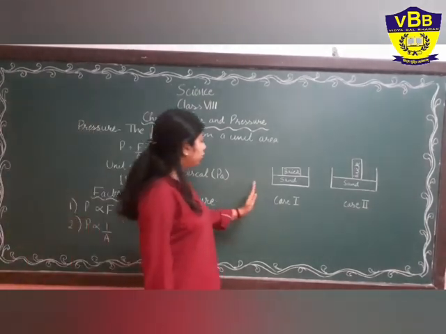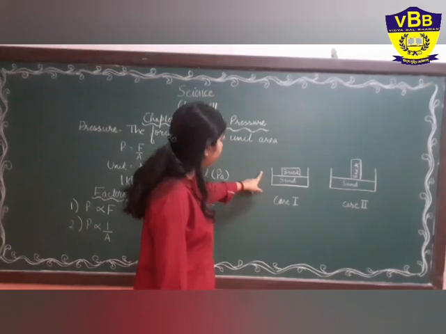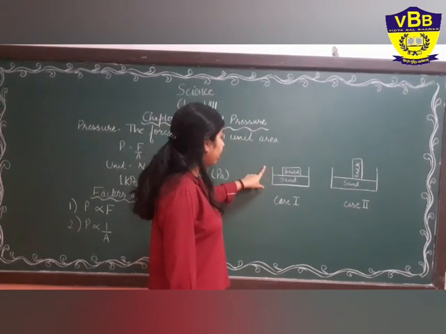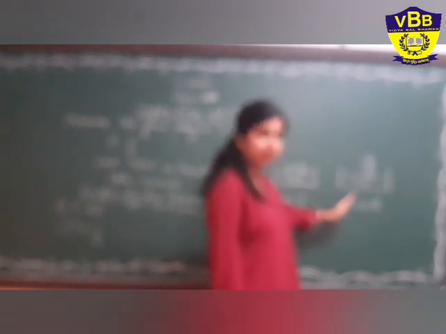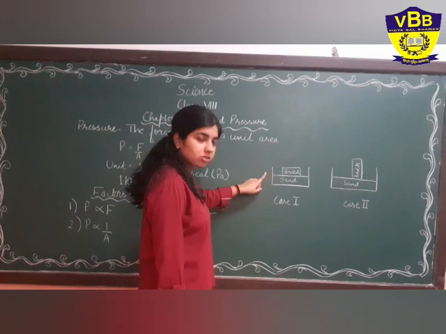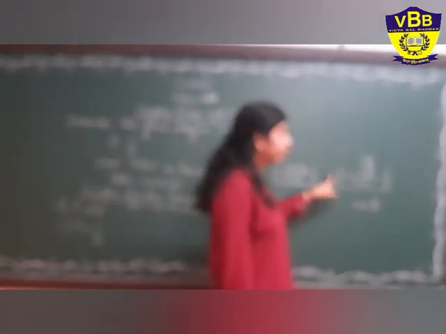We can take two cases again for the better understanding. In first case, I have taken sand and brick. In second case, I have taken that very sand and that very brick. But in first case, the brick is kept horizontally and in second case, the brick is kept vertically.